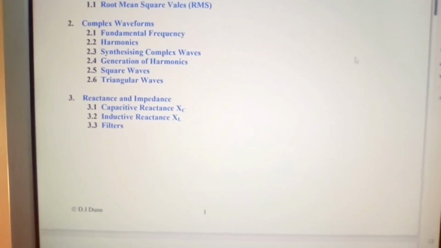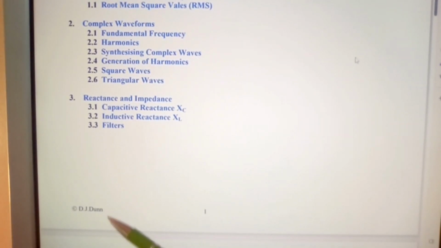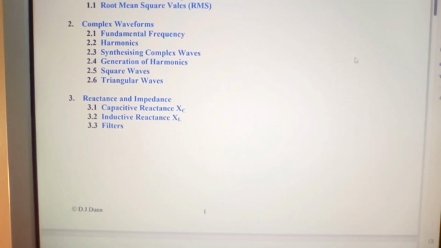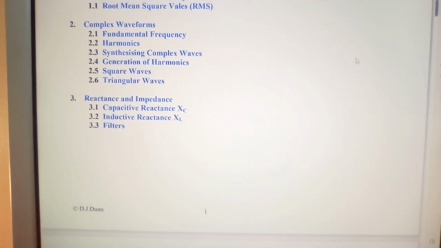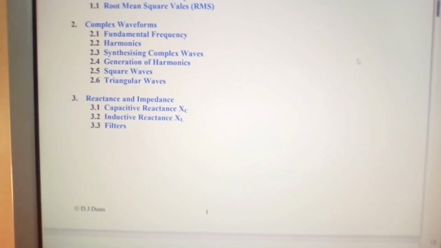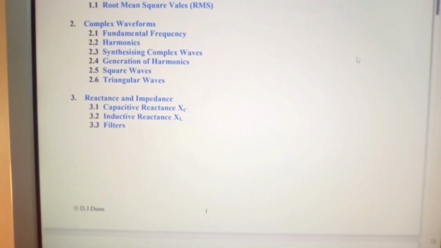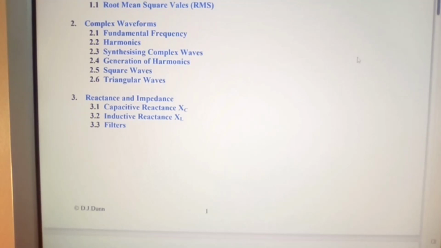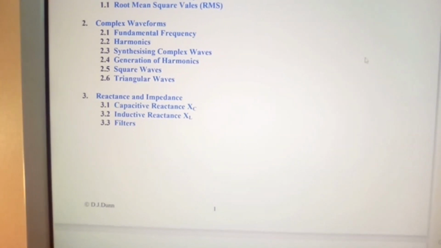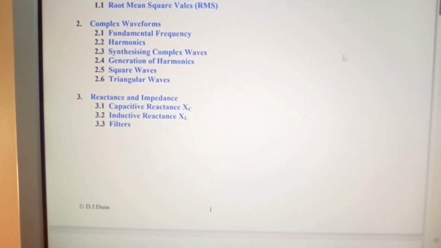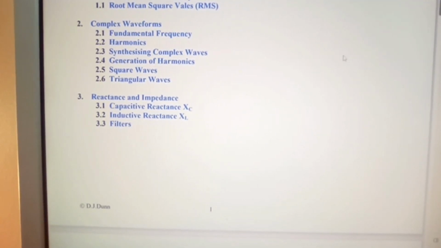Now this work is produced by a guy called DJ Dunn, and I thank him for his work basically. But in saying that, you cannot just go onto his website and do the work. It doesn't work like that because obviously he needs paying overall. But you can have the opportunity to print off certain worksheets.